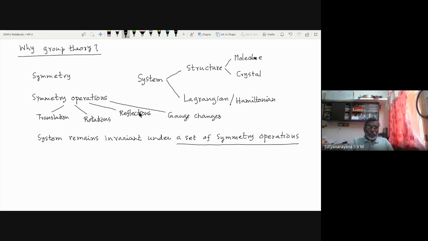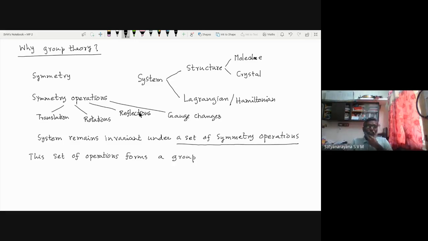Okay. Now, this set of symmetry operations forms a group. Okay, but I did not tell you what is the binary operation.